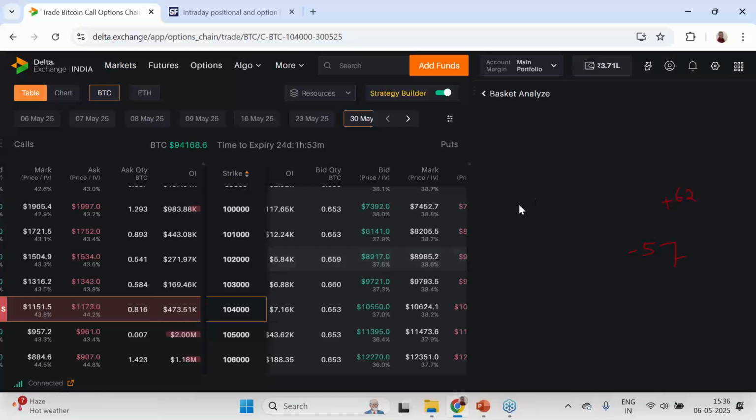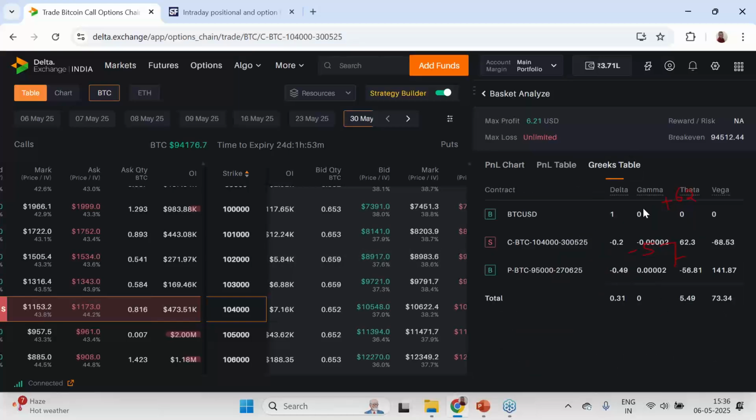If I look at the Greeks here, my theta is almost 62 points gained, 56 points sacrificed, so I am at a positive theta of 5 points or $5. I can also make it 0. Here one more thing you have to remember very carefully. What is the thing you have to remember here very carefully?